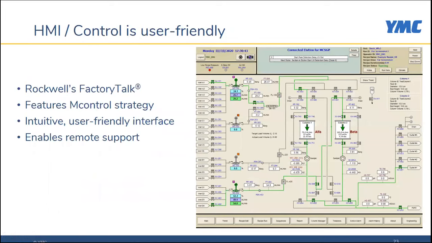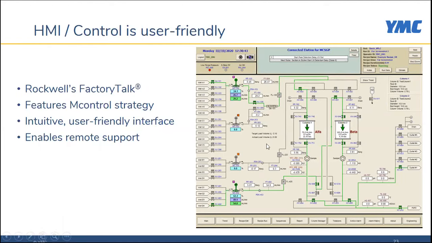The MCSGP process is very sophisticated, and we try to make it very simple and user-friendly with our automation platform here. This is the FactoryTalk platform, and you can see we have all the information that you can imagine in the main screen.